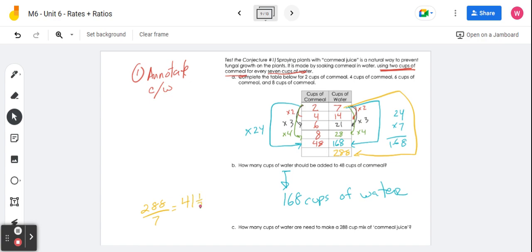We're just going to round this to 41. Oh, Mr. Pierre made a mistake right there. Looked at it wrong. Let's erase that. It's supposed to be 288 cups of cornmeal, and we're looking for the water.